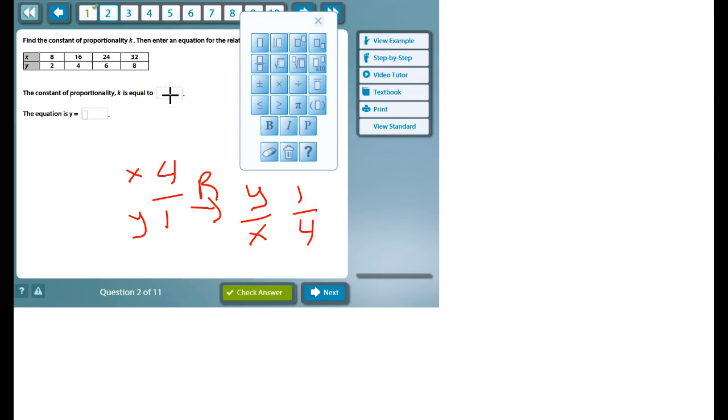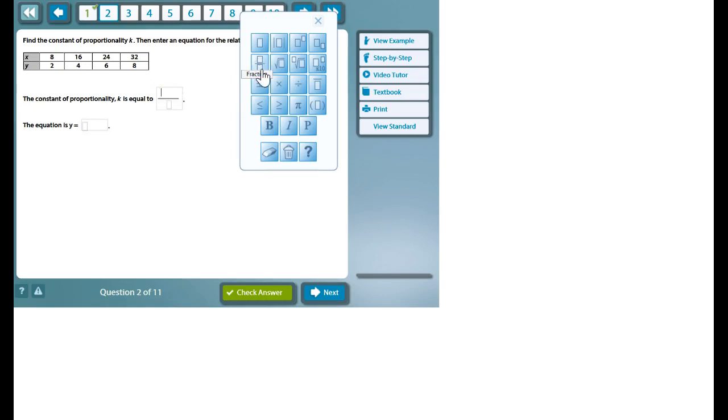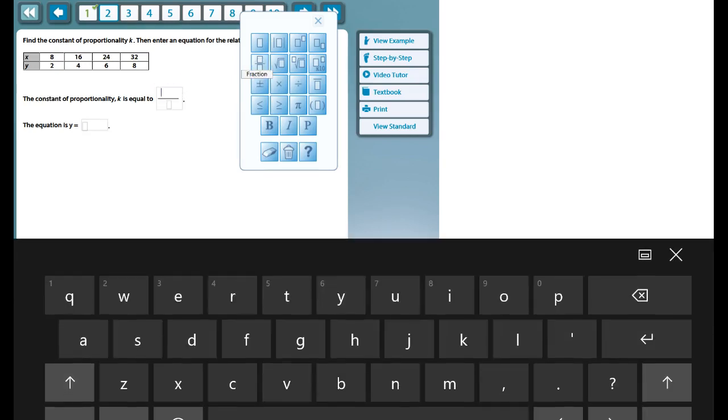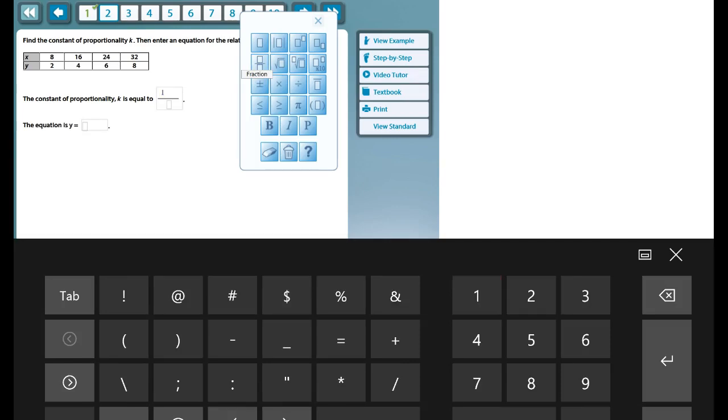So let me try to type that in instead. Get rid of the marker. So I'm going to type in my fraction of 1, 4th. Let's see if I can go to the next one, which means my equation is going to be 1/4 x.